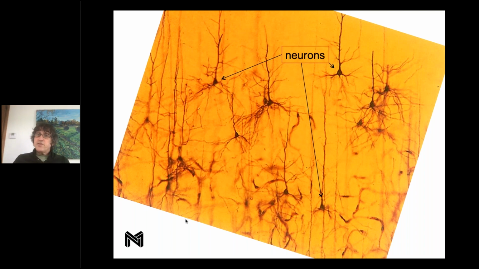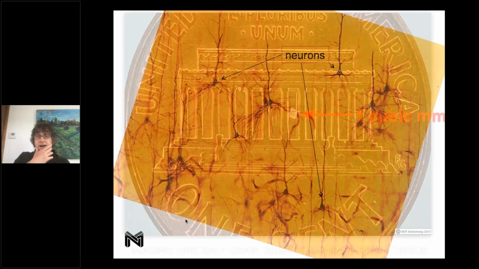And from this image of neurons, you might think that they are far apart and dispersed, right? This is an image taken by Santiago Ramon y Cajal about 100 years ago. Today, we know how to map neurons in a much more accurate way.